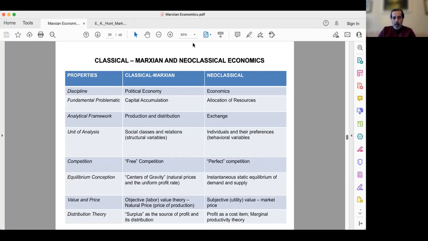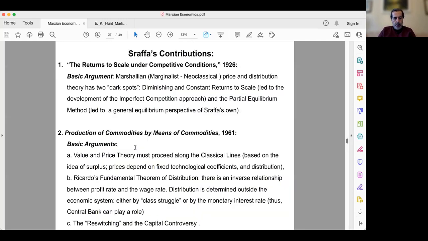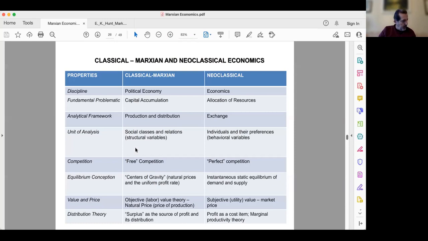But everything depends on the notion of surplus. What is surplus? Surplus is the difference between total output produced and production costs, simply put.